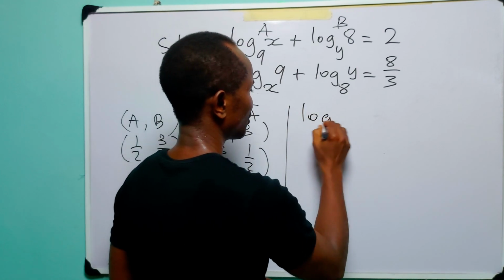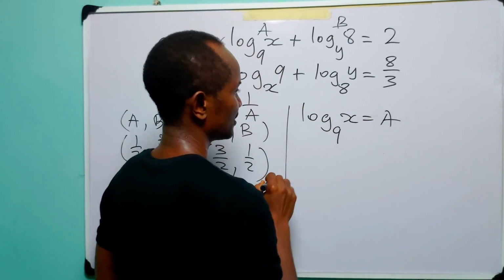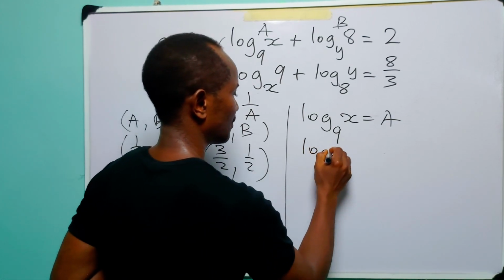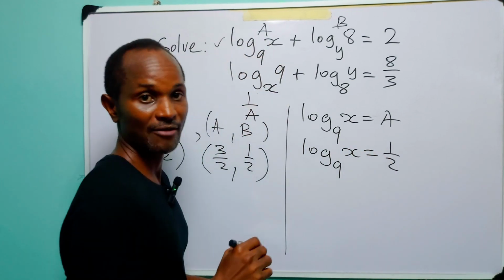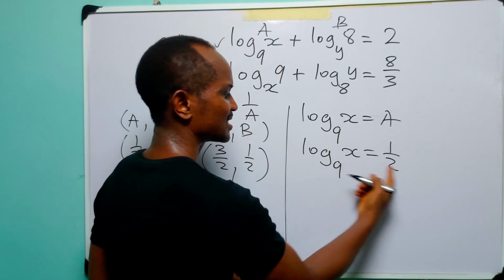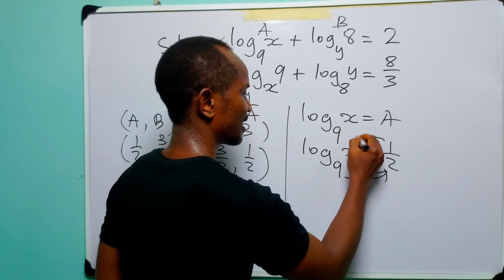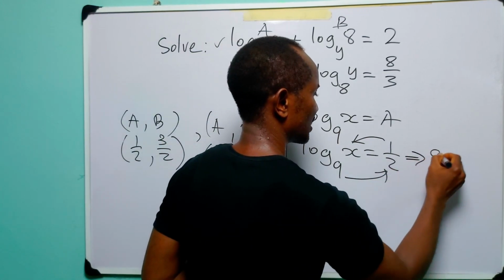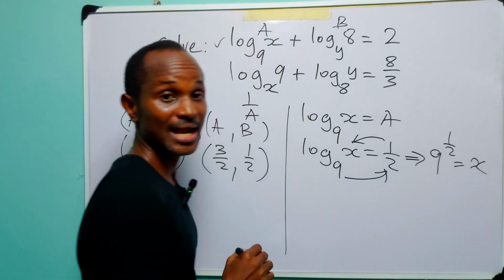And we have that log to base 9 of x is equal to a. Now, when a is half, log to base 9 of x is equal to half. Of course, when we have a statement like this, it simply means that 9 to the power half is equal to x.